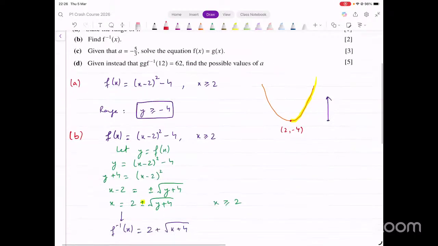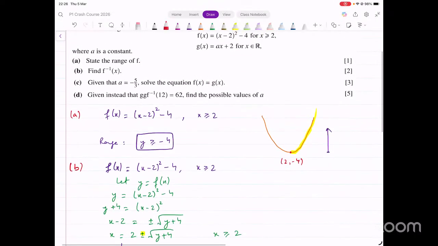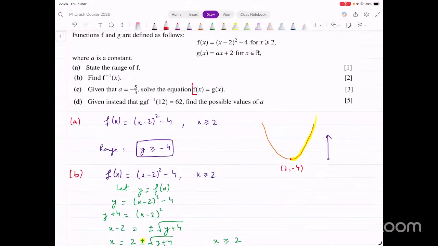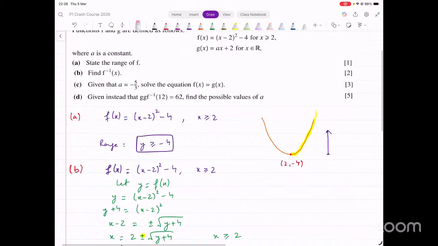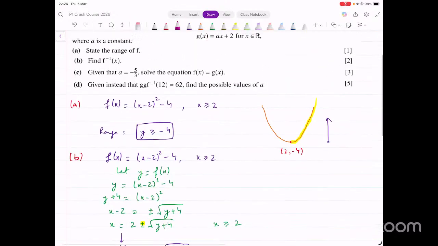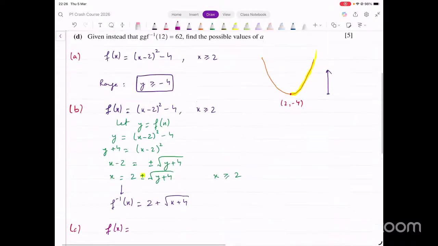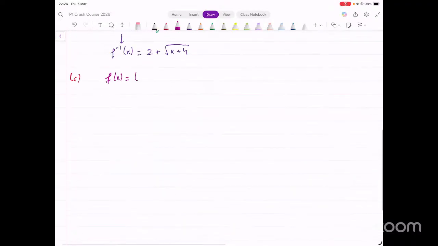Part C. Now it says, given that a is equal to minus 5 over 3, solve this equation f of x equals g of x. The value of a is given. Okay, let's try this. a equals minus 5 over 3. f of x is equal to (x minus 2) whole squared minus 4.